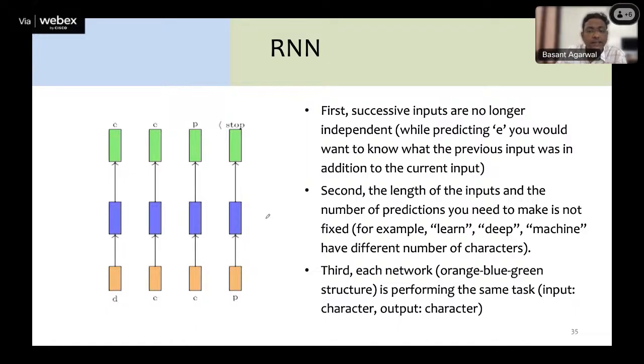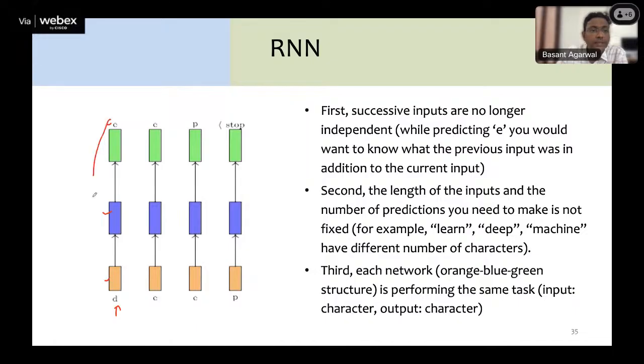So third is each network is performing the same task. The third condition is that, given this input at timestamp t1, if I give one vector, that is the vector for the D character, this is a hidden layer in which we process the input, and then it is predicting the next character.